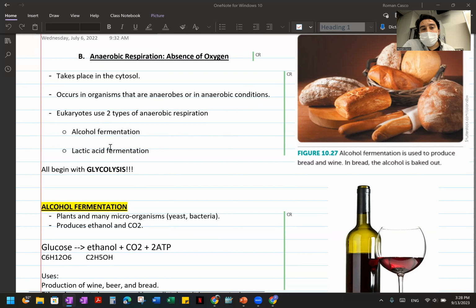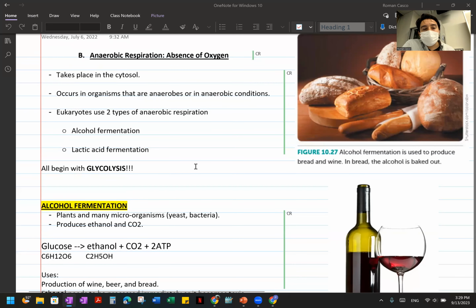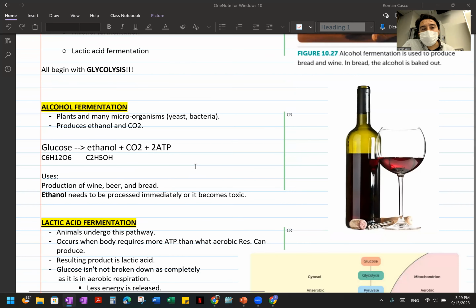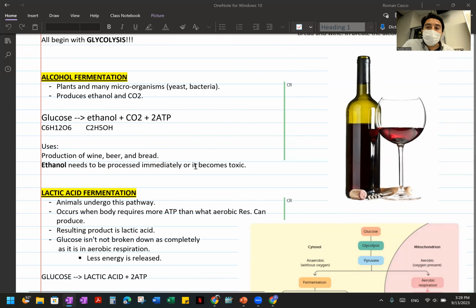This fermentation is a common concept whenever you're baking food. This is actually the process that bakers use to create food, to create bread. So let's take a look at each of them. The first one is called alcoholic fermentation, or alcohol fermentation.